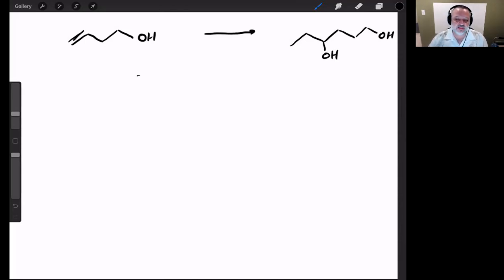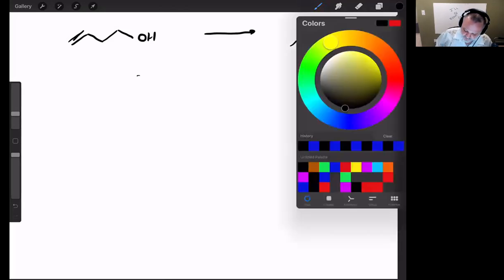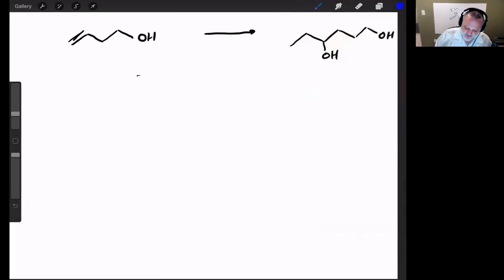I can use a Grignard reagent. And remember, when we're doing synthesis, we want to count carbons. I like to tell all my students, if you're not counting carbons, you're not doing this right. The product has 1, 2, 3, 4, 5, 6 carbons. The reactant has 1, 2, 3, 4 carbons.